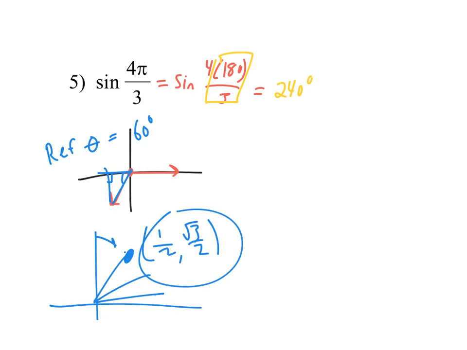We have the same coordinates, except in quadrant 3, what's true about the x and y values of a point? They're both negative, right? So x is -½ and y is -√3 over 2. This question was asking us about the sine of the angle, and the sine is just the y coordinate, so -√3 over 2.